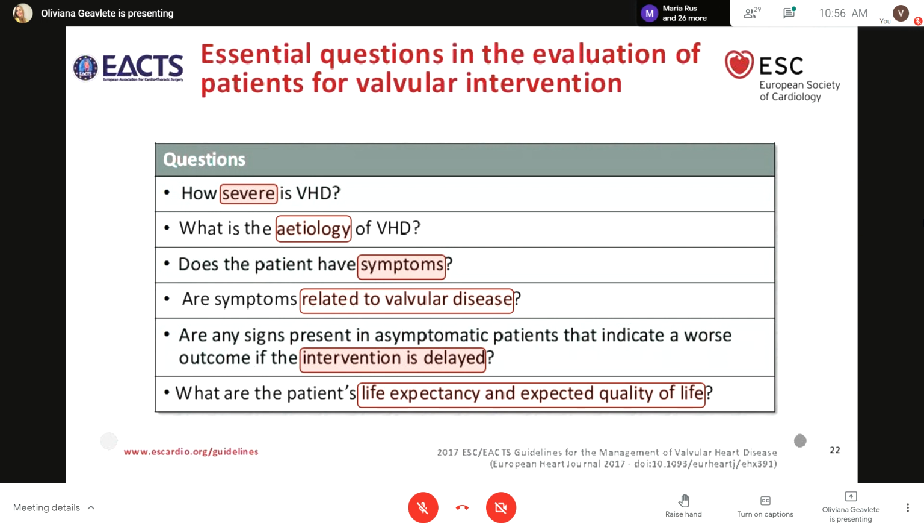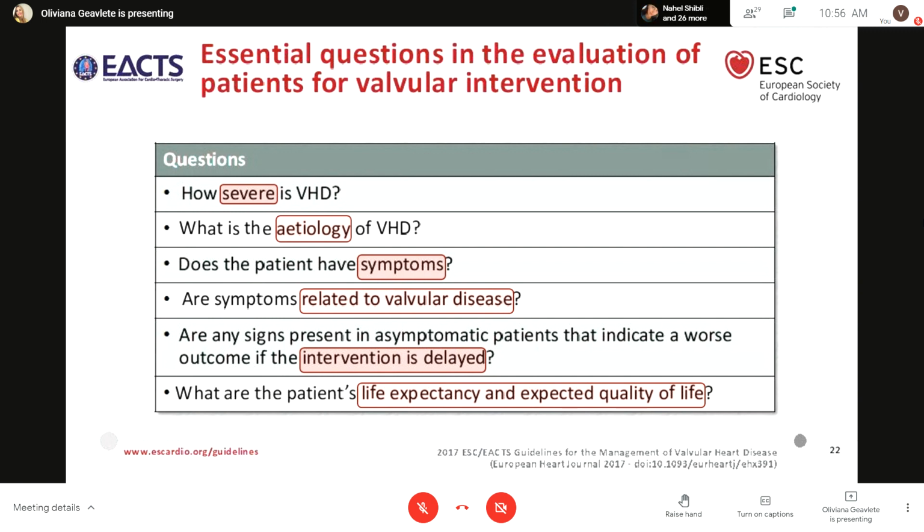Because we have the interventional approach and we have surgery. So the first step is to determine how severe the valvular disease is, and we are talking here not only about aortic stenosis, but about every valvular disease. How severe is this? What is the etiology?